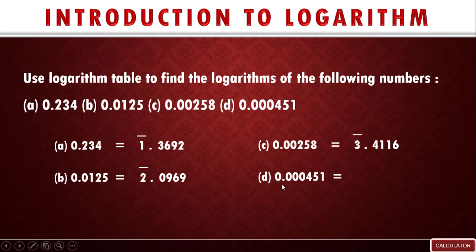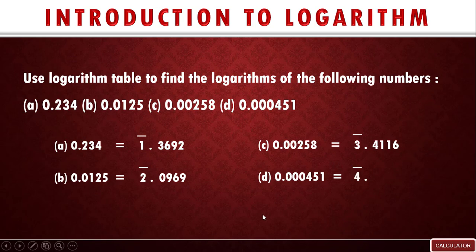Now all you will do is count from this decimal point to that reference position, and we have: 1, 2, 3, and 4 to the reference position. So that means our characteristic will be bar 4.